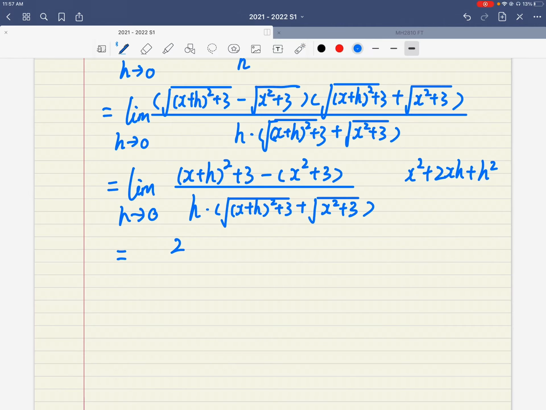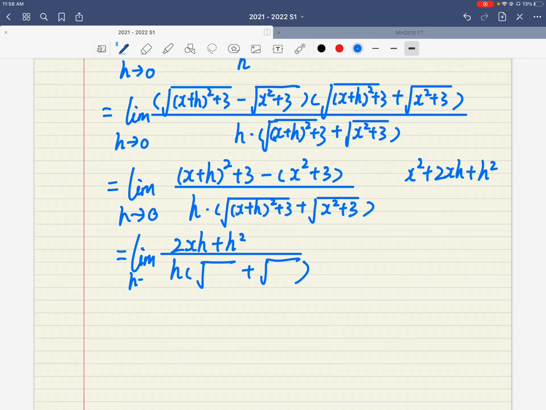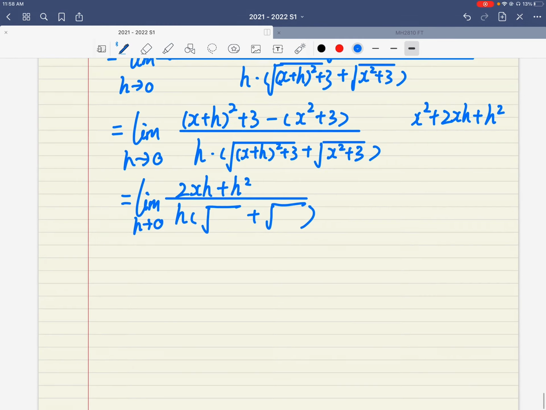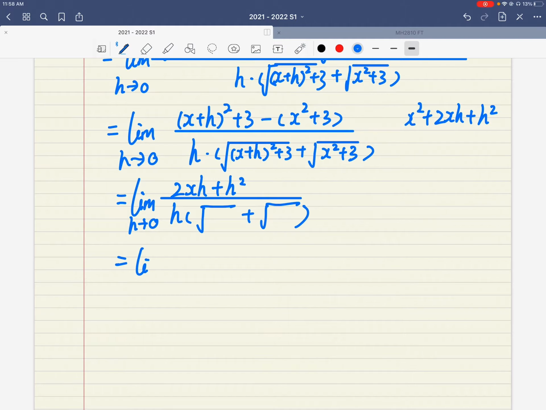So in the end, the top is just 2xh plus h squared over h. Okay, here you can skip it, just square root plus square root. You just copy it down. Okay, so you can see now you have a common factor, h. Right, so the top is just 2x plus h. Now the bottom is square root plus square root.